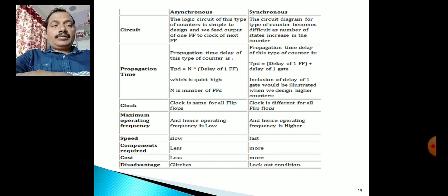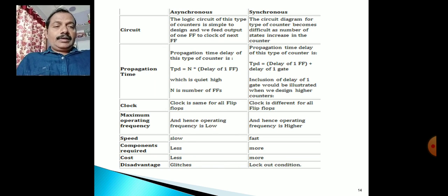Next, the clock. For asynchronous, the clock is different for each flip-flop.